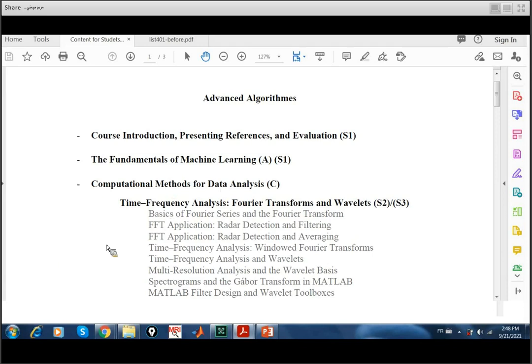For example, in this section, we will learn about time frequency analysis. I'm sure you know about the Fourier transform, but we will see the details and examples in this field.